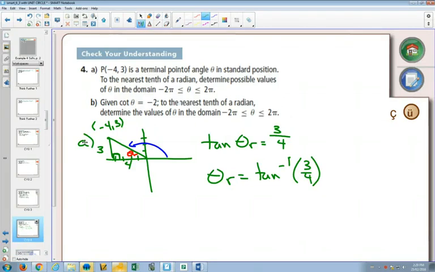Type it into your calculator. Tell me what you get. Wait, do you want us to do it in radians or degrees? 0.644 if it's rounded. Squiggle bracket 0.644.